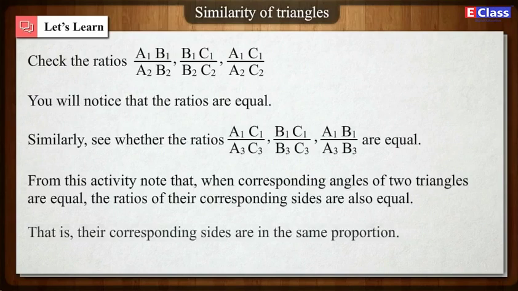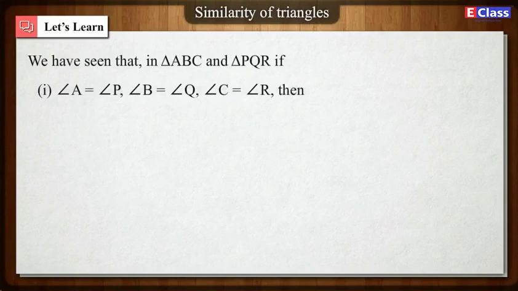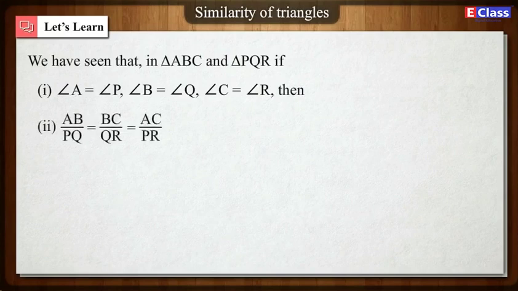We have seen that in triangle ABC and triangle PQR, if 1. Angle A is equal to angle P, angle B is equal to angle Q, angle C is equal to angle R, then 2. AB upon PQ is equal to BC upon QR which is equal to AC upon PR.